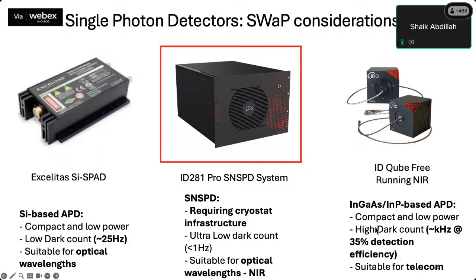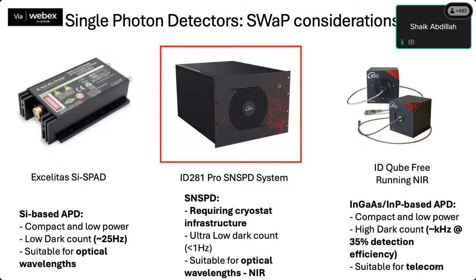And near-infrared InGaAs APDs are better for telecommunication wavelengths. One of the key difficulties in scaling up the wavelengths, such as using those in telecom wavelengths like 1550, is that InGaAs-based APDs will always have higher dark count rates and lower detection efficiency than silicon-based APDs, right?